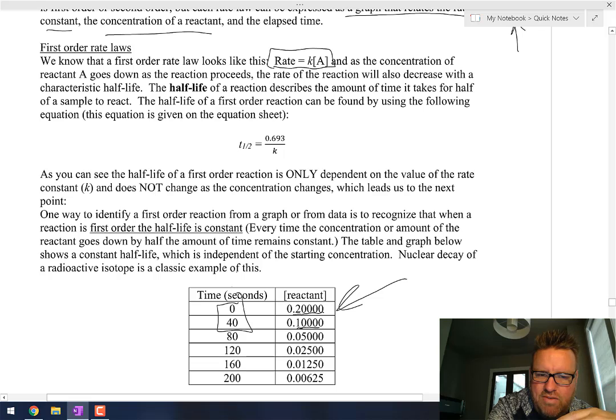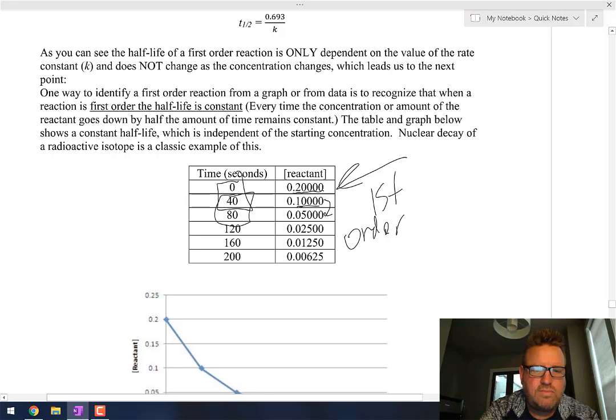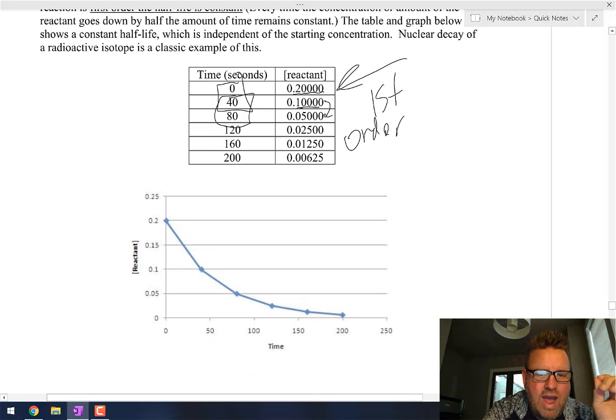The half-life is 40 seconds. And then, how long does it take the next half to go away? Going from 0.1 to 0.05 also takes 40 seconds. And every time you lose another half, it takes another 40 seconds. Absolutely a first-order reaction. Has to be. You can see it in the graph as well here.